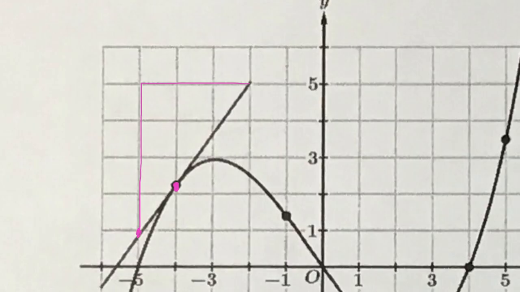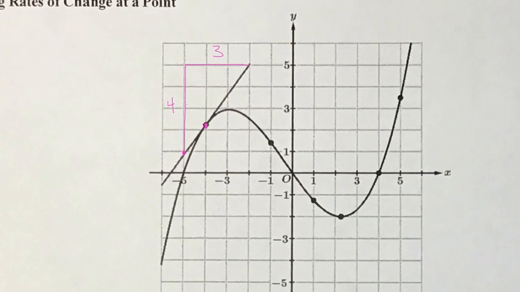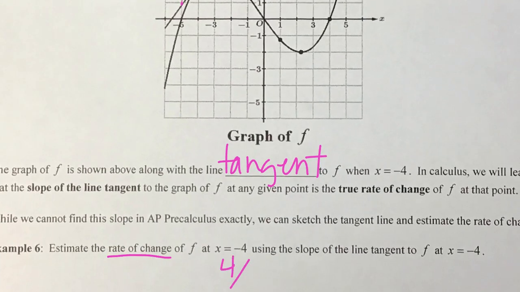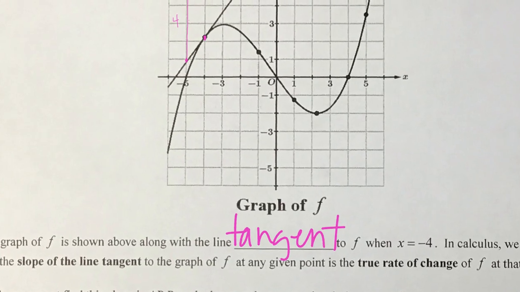Let's count. 1, 2, 3, 4 up, and 1, 2, 3 over. If slope is rise over run, our slope is 4 over 3. That would be the rate of change of the tangent line. It's literally the slope of the line that's tangent at that point.